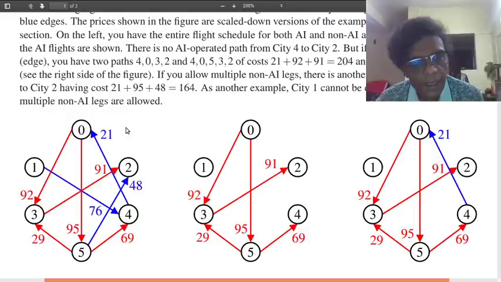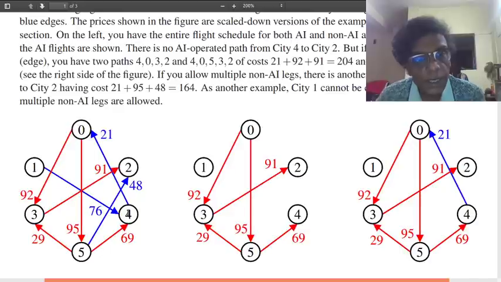One array is for storing the information of the airline, that may be a character array, and the other array for storing the price. Incidentally, you do not have multiple edges. If you have a blue edge between two cities, this is only one edge. If you have a red edge, this is only one red edge. It's not like that we have a red edge here, another blue edge here. It's not like that.